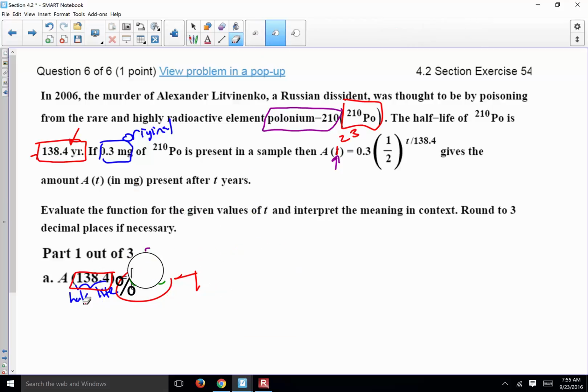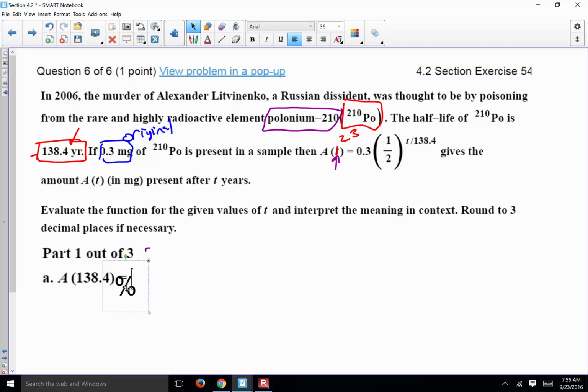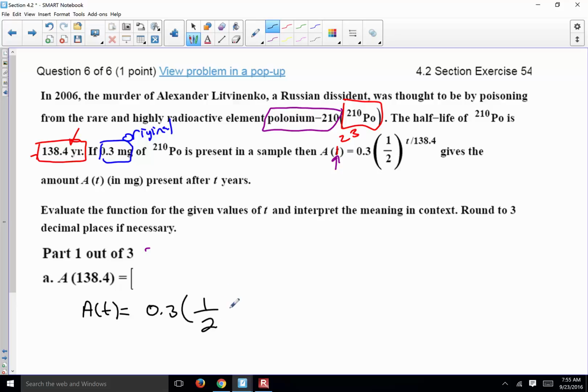But if you want to do the real math, how would you get the same answer from the formula? The formula says A of t is, at any time you want to measure the leftover amount of polonium in the sample, you just need to insert that value, and I see that number is 138.4.